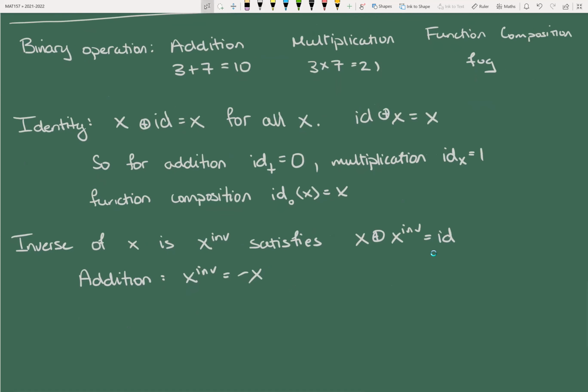What is it for multiplication? Yeah, exactly. It's the reciprocal. It's 1 over X, right? And so here, for example, is our first indication that the inverse doesn't always exist.